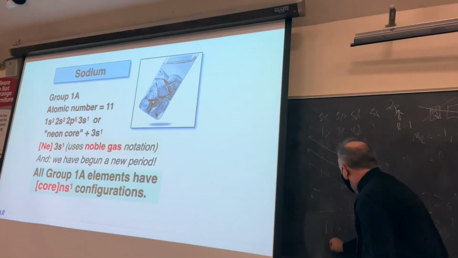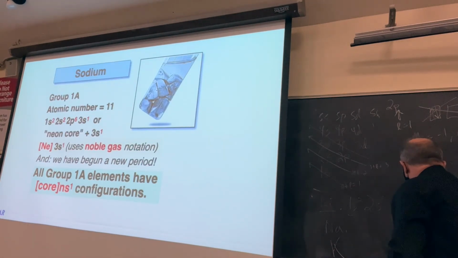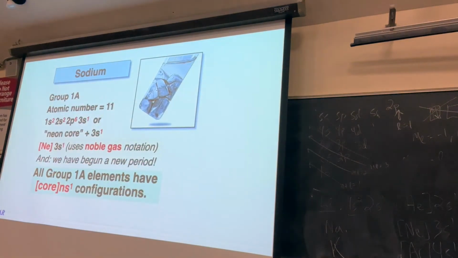Now, potassium is the next one down. Notice how lithium was next to 2, sodium is next to 3, potassium then would be 4. So you can say potassium, nearest noble gas, argon behind it, 4s1. This is kind of a quick and dirty way to find the electron configurations, and this works for all of the alkali metals.